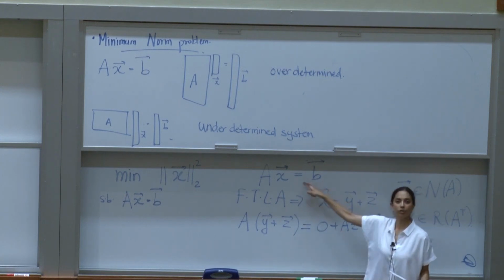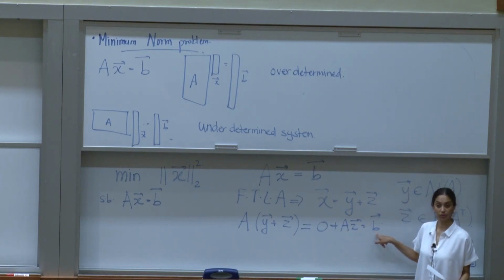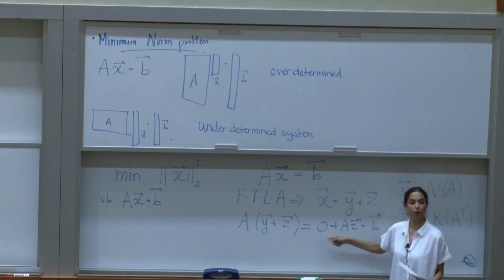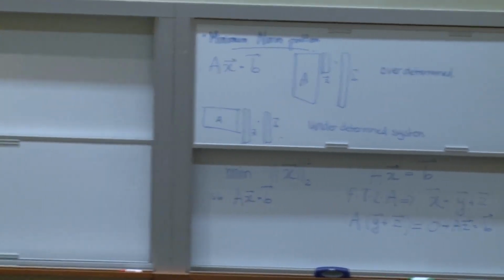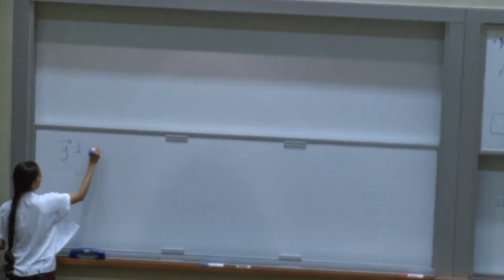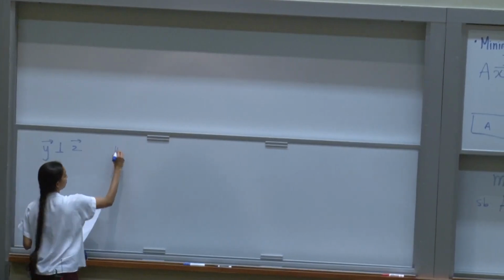The component of x that is in the range space of A transpose is also a solution, right? Would I ever want to choose to place a non-zero component in the null space? Nope. Why is this true? Well, I know that y and z are perpendicular to each other. And so what can I say about the norm of x?